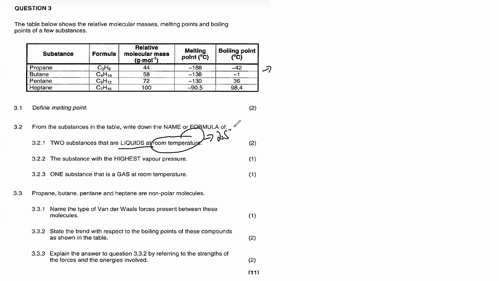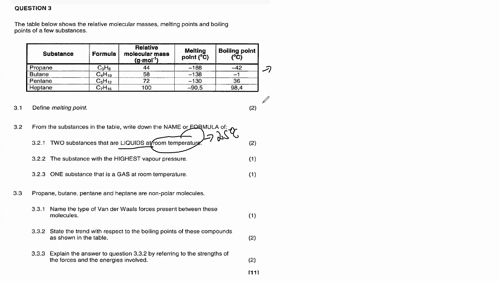Room temperature is 25 degrees Celsius. I said in the previous video that sometimes they will not write 25 degrees Celsius, they will write the term room temperature. So understand when they're talking about room temperature, they're talking about a temperature of 25 degrees Celsius.